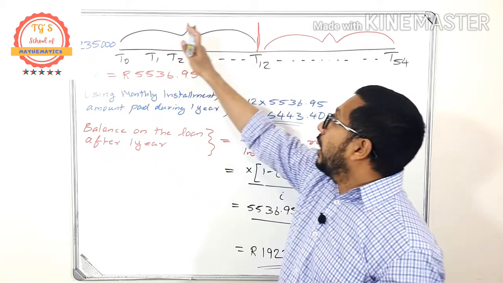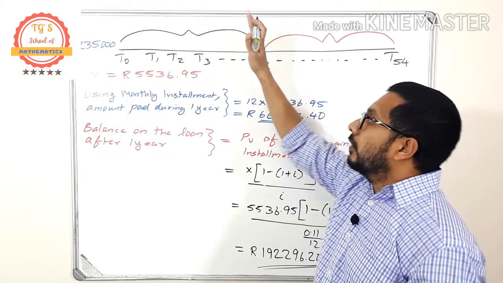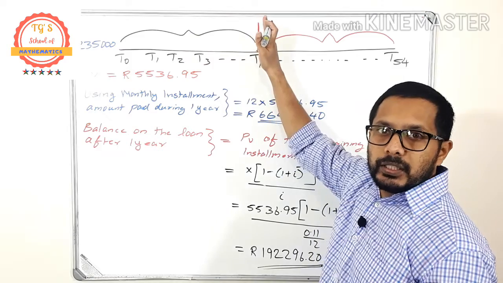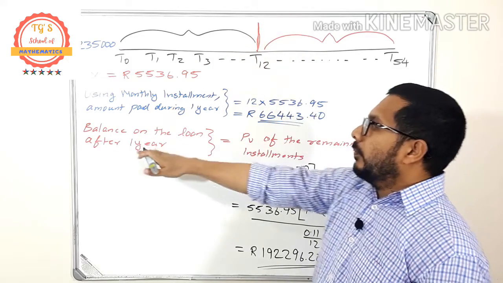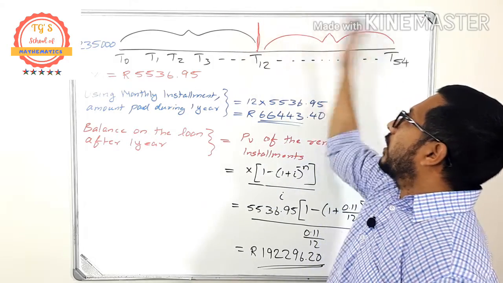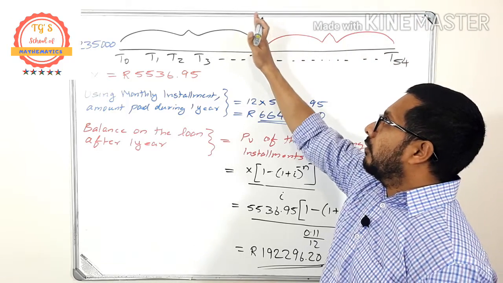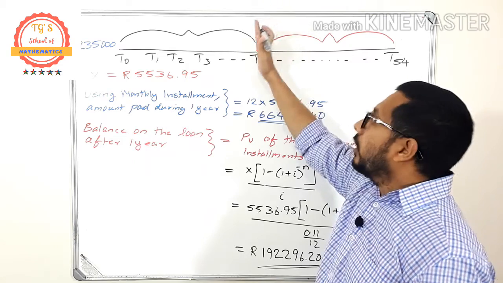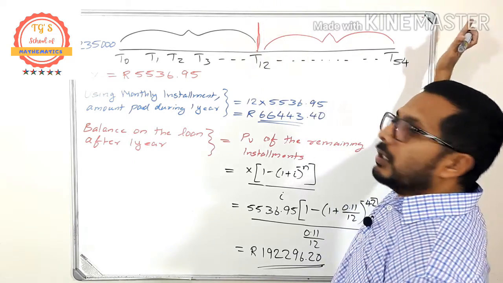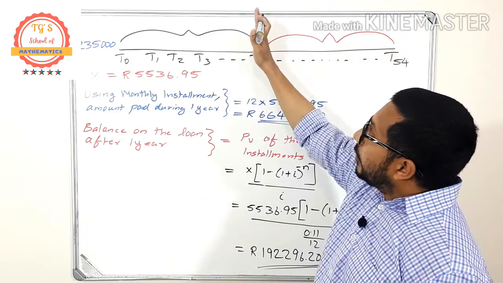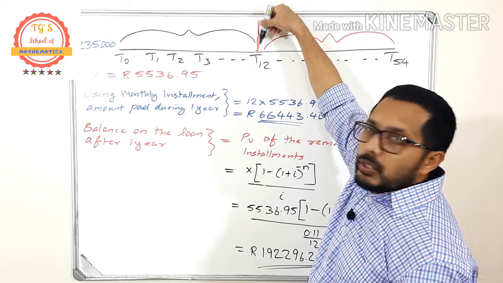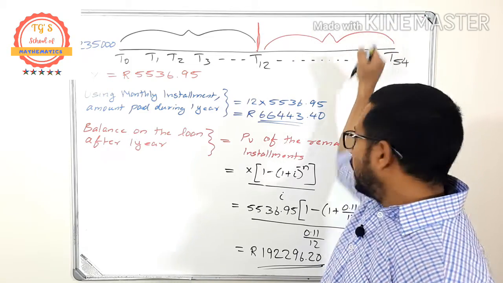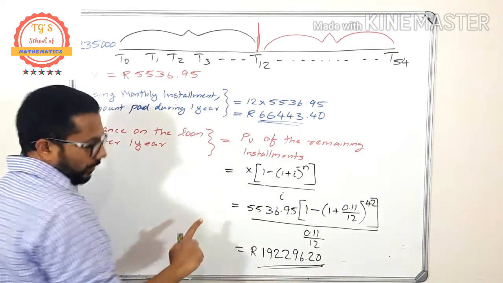After 1 year there is a certain amount still owing. That is the balance amount for the remaining years, and that is the same as the present value of the remaining installments. That is why we applied it like that.